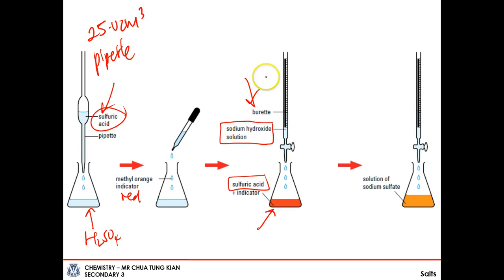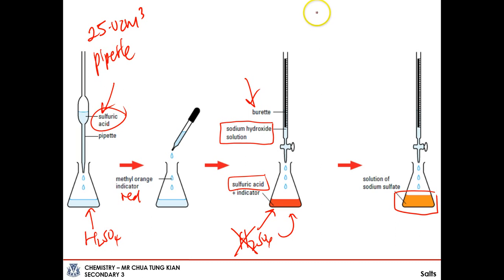Okay, so by doing this, because H2SO4 with methyl orange will show red, when I get rid of all my H+, which means all my H2SO4 is reacted, the solution will actually appear orange in color. Okay, so all the acid is gone. It's no longer red.